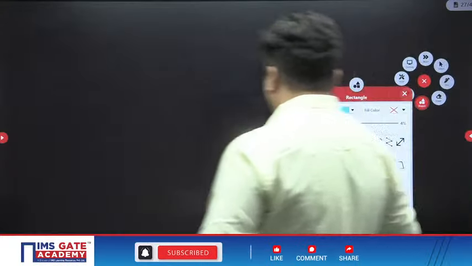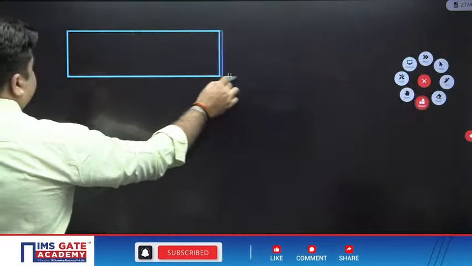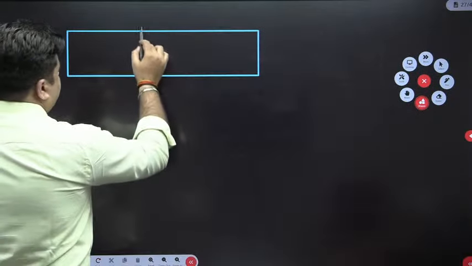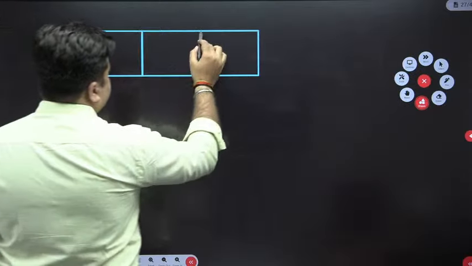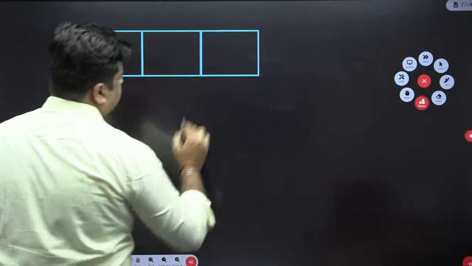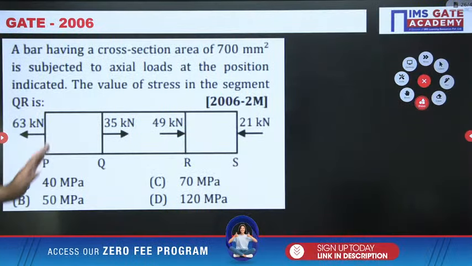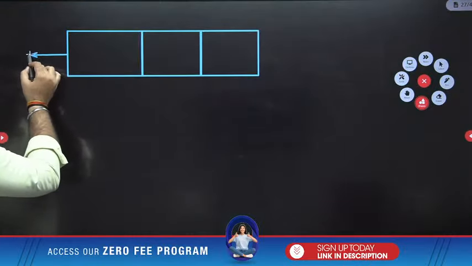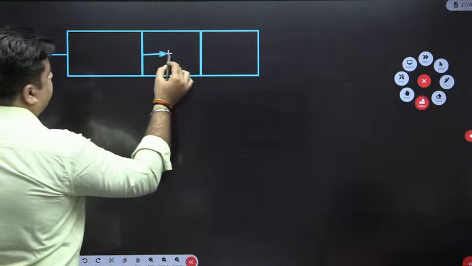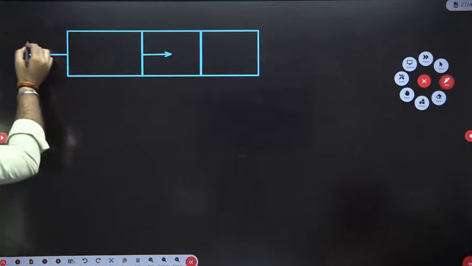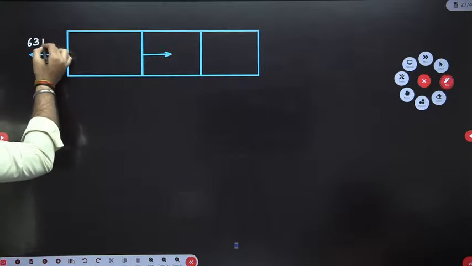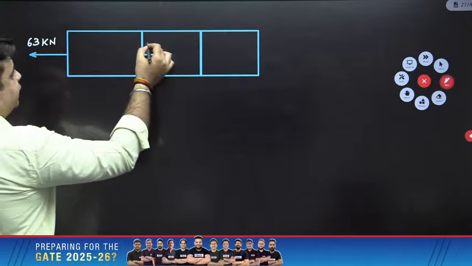So this is the body which is subjected to different loads like this. This is 63 kilonewton, this is 35 kilonewton.